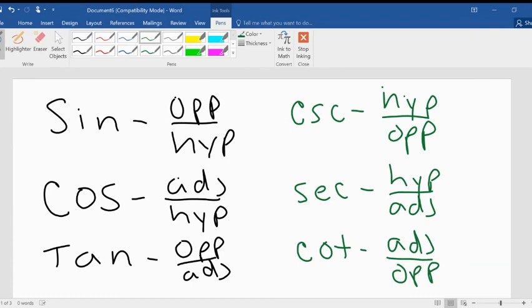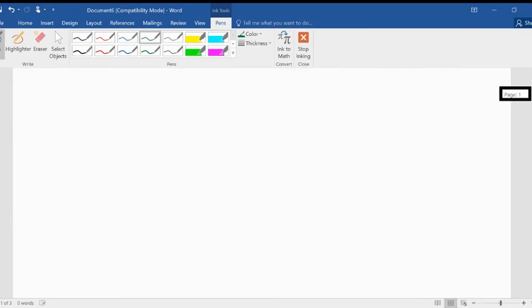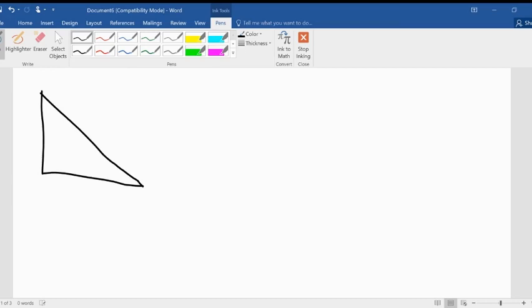So for example, say we have a triangle here, and let's say this is my angle, theta. I know it looks kind of rough, but again, bear with me.